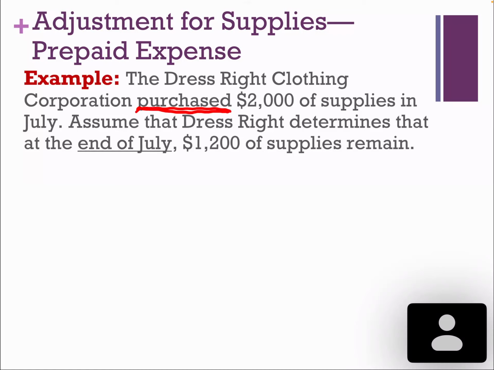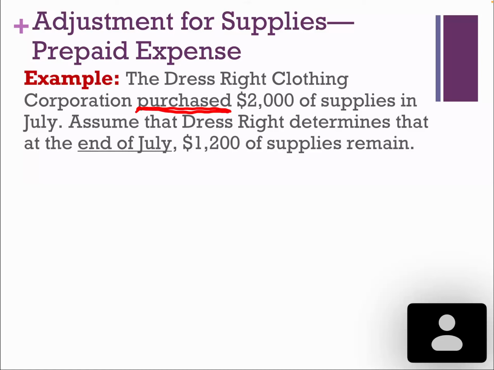There's a journal entry done at that time. That's not the adjusting entry, but to teach you this concept, I do that original journal entry first and then show you what the adjusting entry is. The adjusting entry is always done at the end of the period, okay? And that's the one that you'll be graded on in your test. You can do both journal entries, but just make sure you do the adjusting entry.